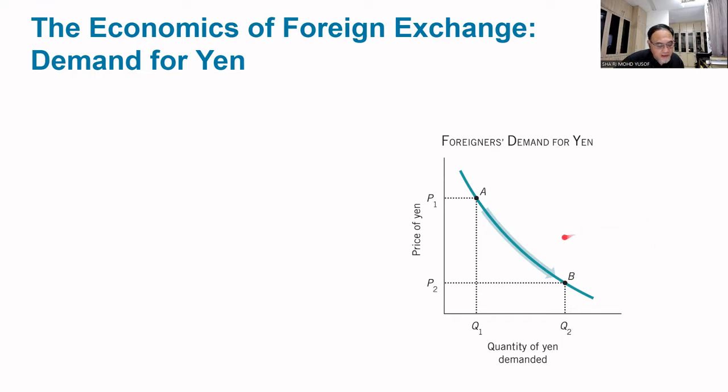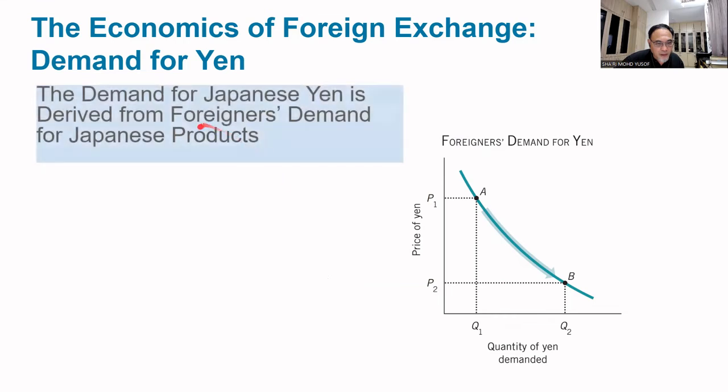This figure here shows the demand curve for Japanese yen. So this is the demand curve. The demand for Japanese yen is derived from the foreigners' demand for Japanese products.